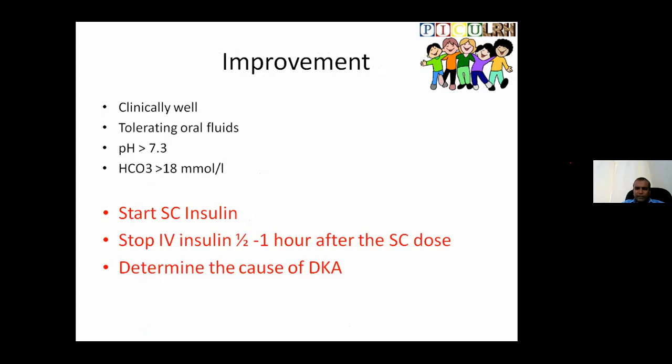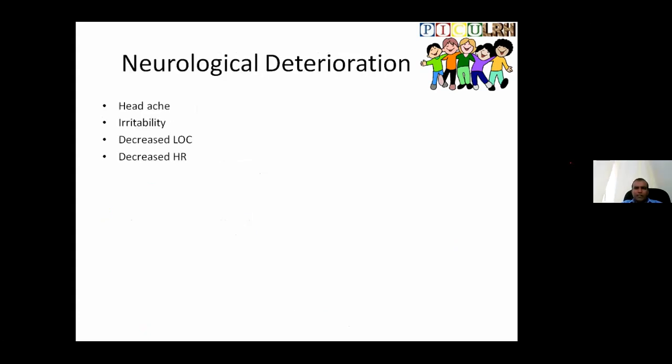If there's any neurological deterioration during the treatment or even before that, headache, irritability, decreased level of consciousness, decreased heart rate, 2 differential diagnoses are there. This may be due to hypoglycemia or cerebral edema. So do a sugar. If the sugar is normal, treat for cerebral edema.